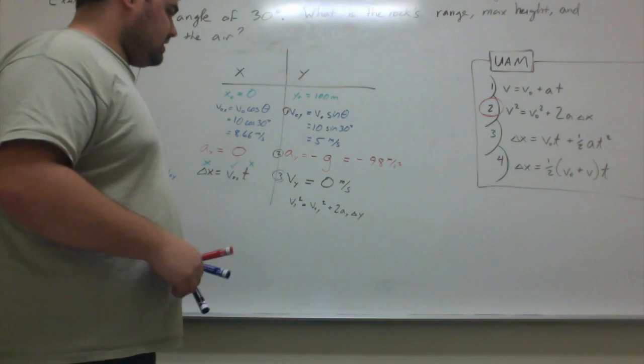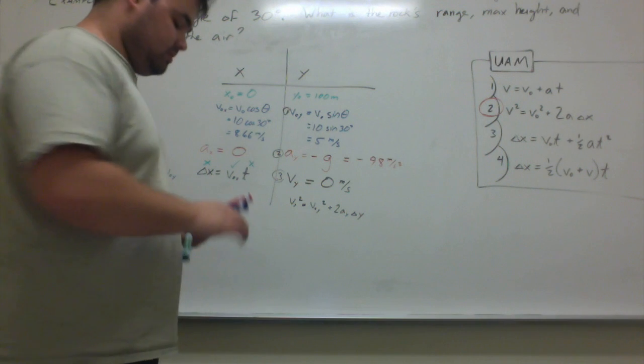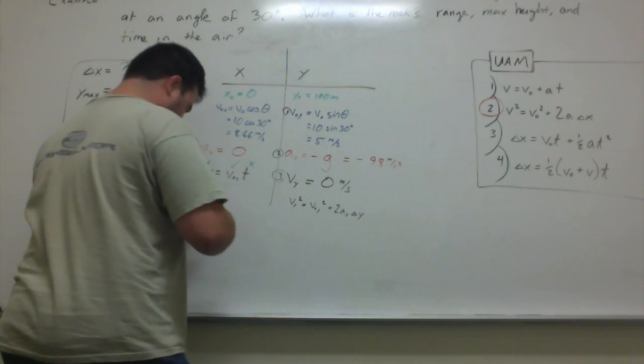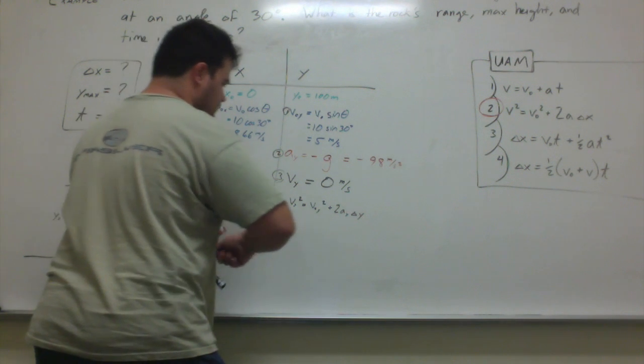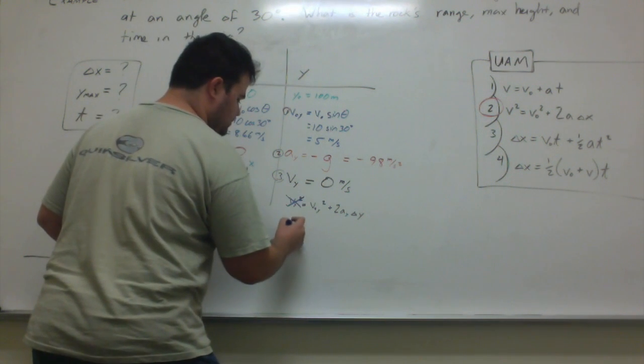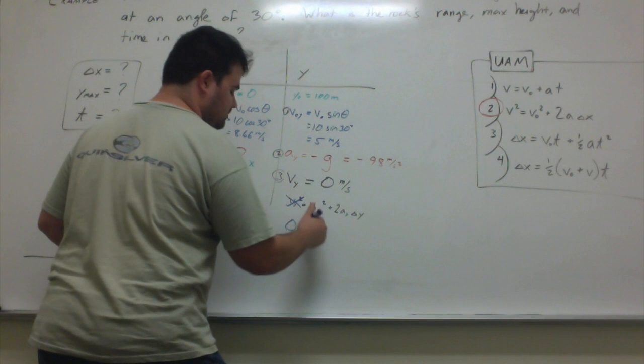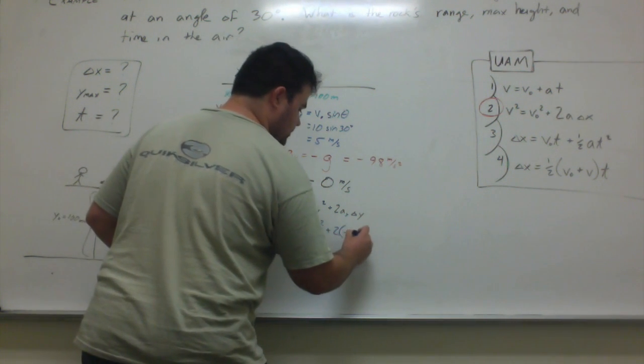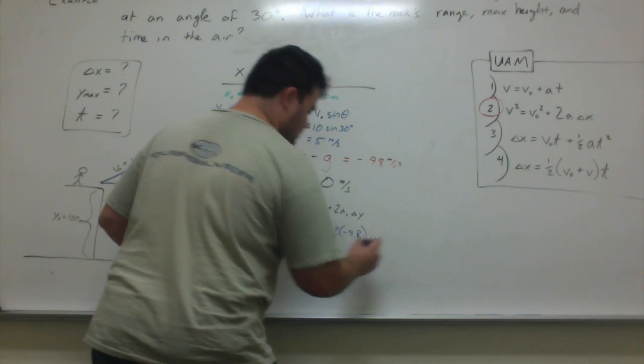And from here it's essentially plugging in. Notice Vy squared is just going to be 0, so this is going to be gone. So we're just going to get 0 equals 5 squared plus 2 times negative 9.8 times the change in y.